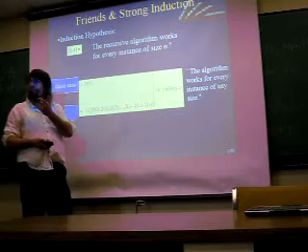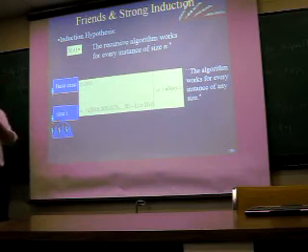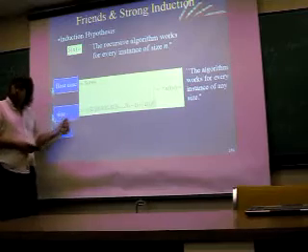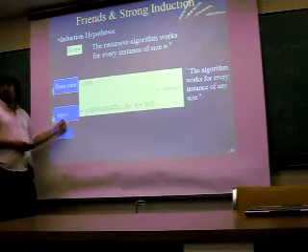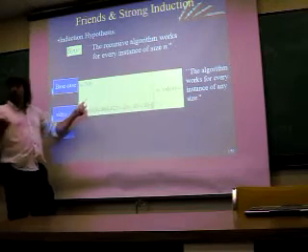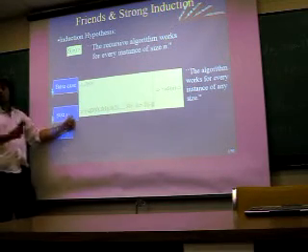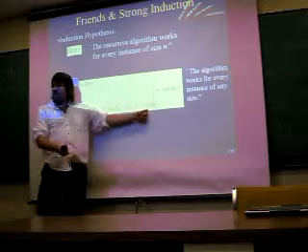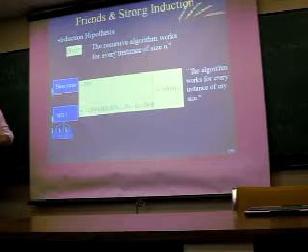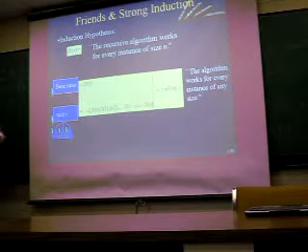So now we've proved it's true for 0 and 1. Now why do we know it's true for 2? Well, we assume it is true for 0 and 1, so it is true for 2. How do we prove it's true for 3? Well, it is true for 0, 1, and 2, so it is true for 3. Does that make sense?